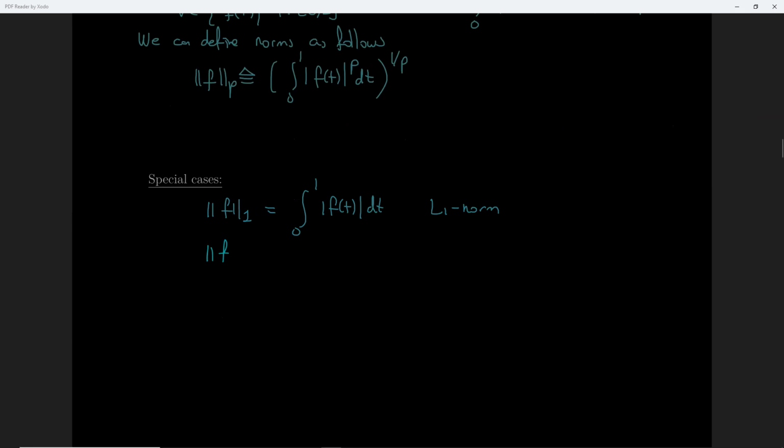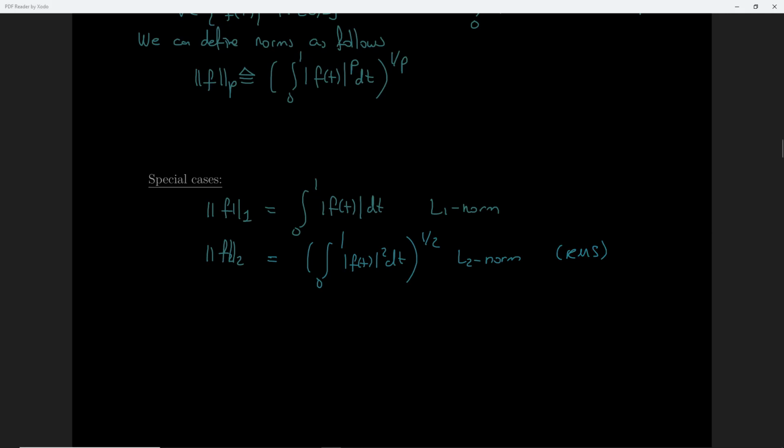And when p is equal to 2, you simply compute the integral of the absolute value squared of that function in that interval and compute its square root. As you might already remember, this is related to the root mean squared concept, right?